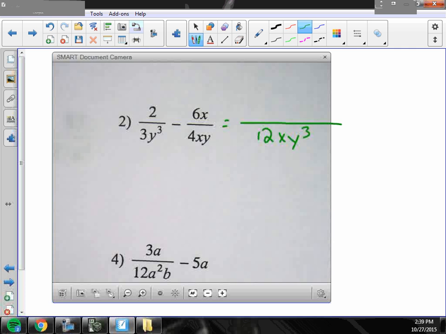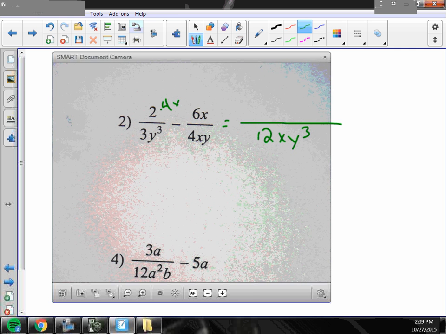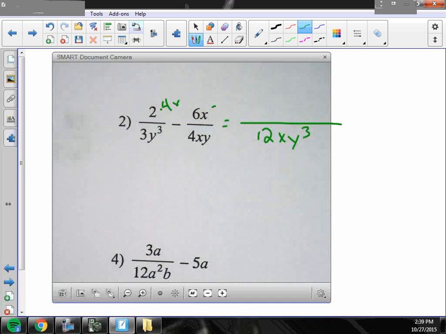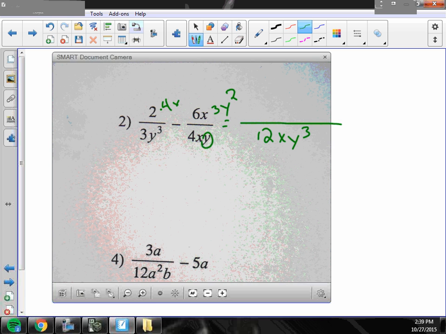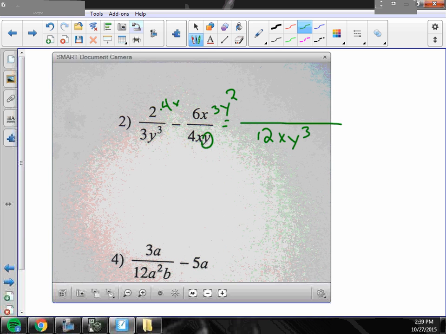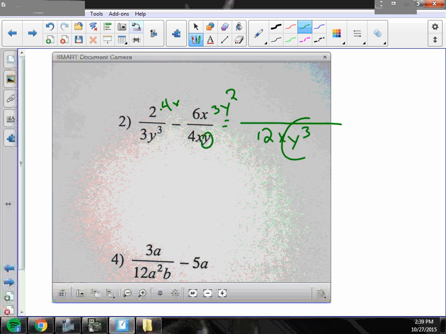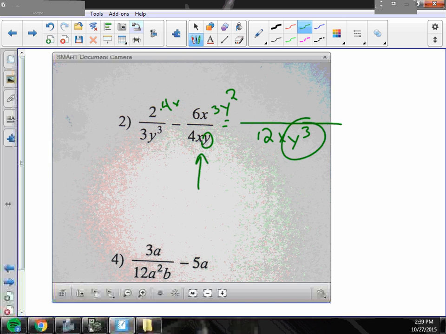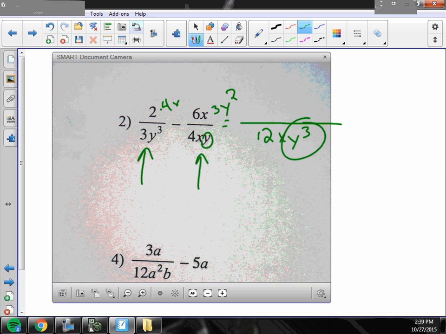It's missing a 4x. And what is the right side missing? 3y squared, because it already has 1. You could put y to the 4th, but that's putting in more than is necessary. Is 3 enough to cover that? Yes. Is it enough to cover this? Yes.